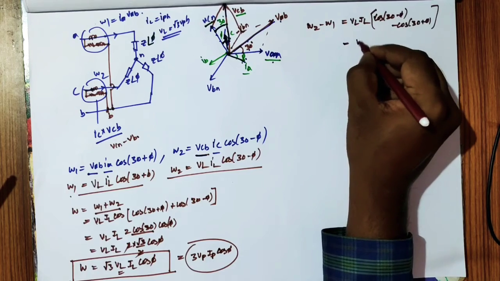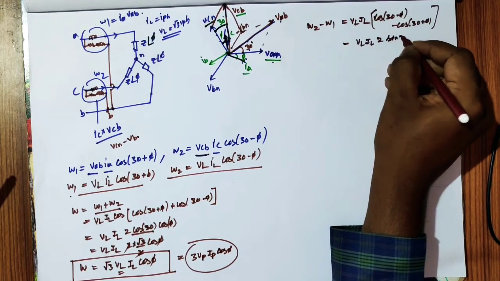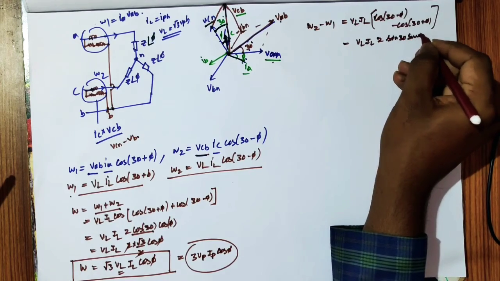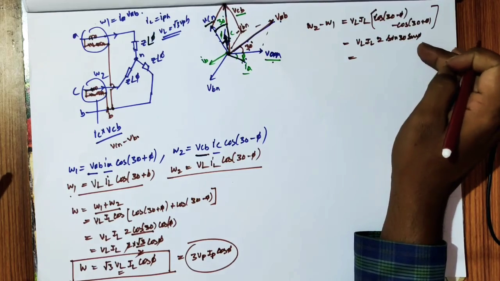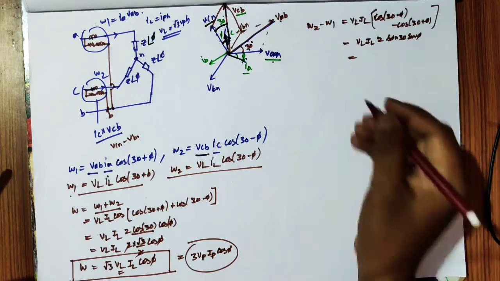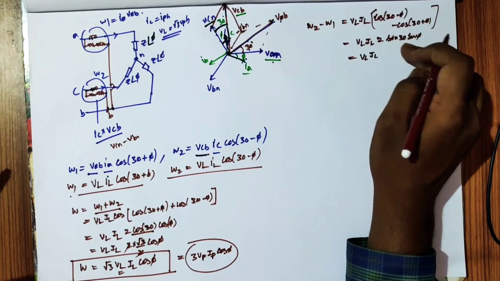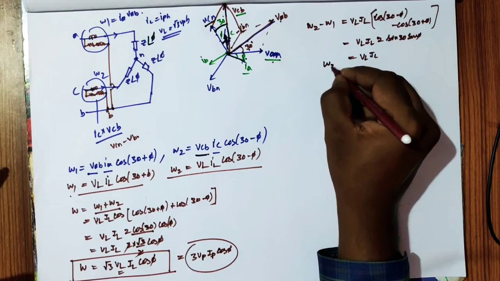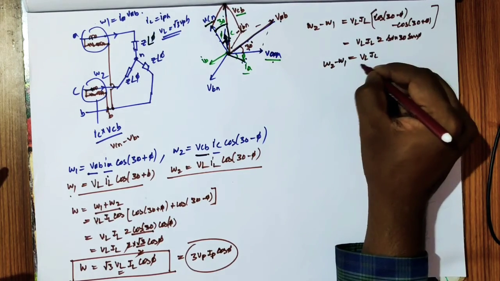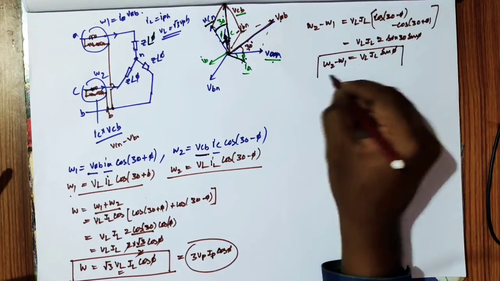Applying the same formula, you get 2 sin 30 sin phi. You know the formulas. Substituting this, sin 30 means 1 by 2, the 2 can cancel. So we get W2 minus W1 equal to VL IL sin phi.